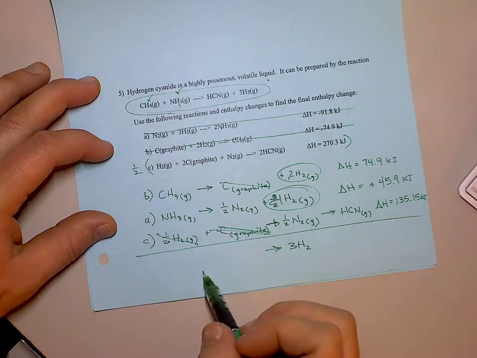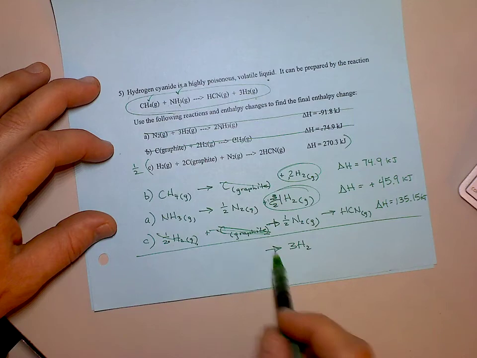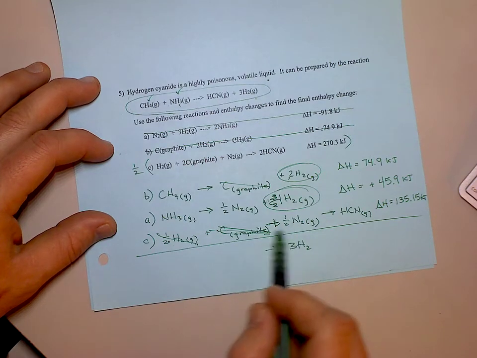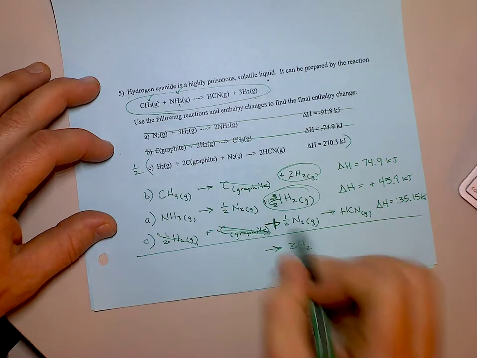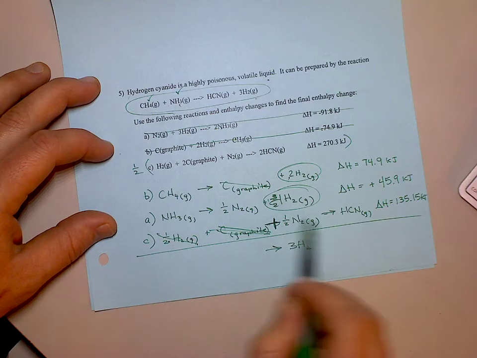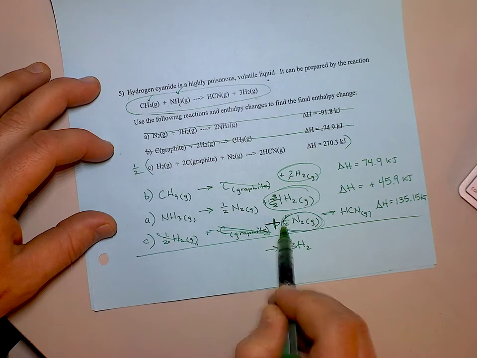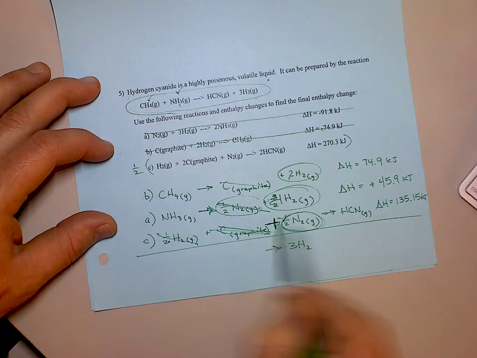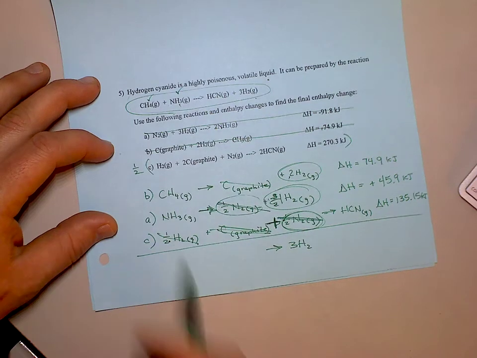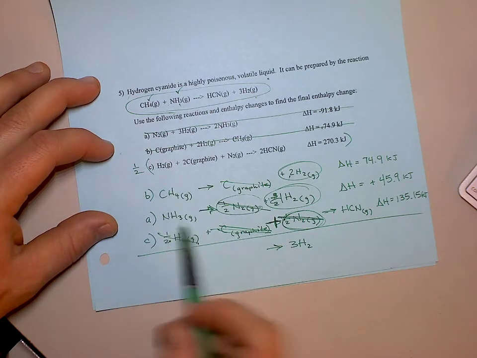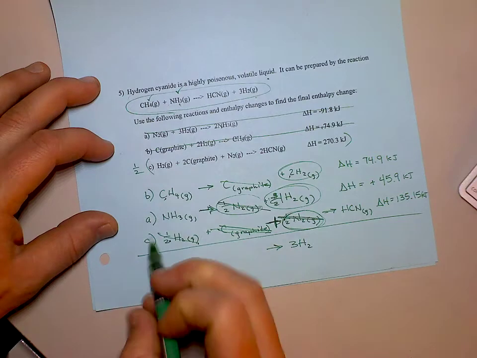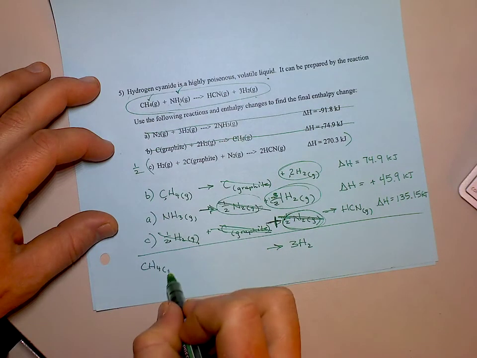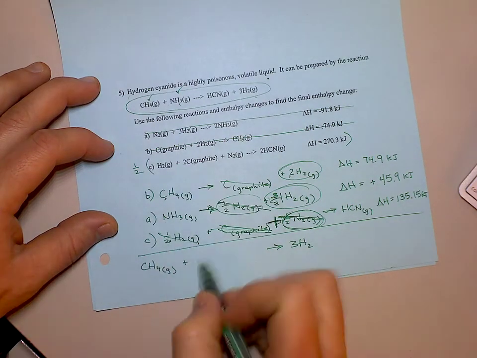Okay, let's see what else. Now, this was a plus sign. I got a little sloppy here. This is my arrow. So on the left side of the arrow, I've got a half N2. Well, on the right side of this arrow, as a product, I've got a half N2. So those are going to cancel off. N2 is gone. So now on the reactant side, what I have is 1 CH4 gas plus 1 NH3 gas.